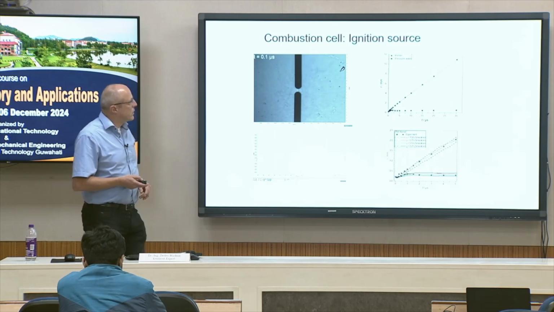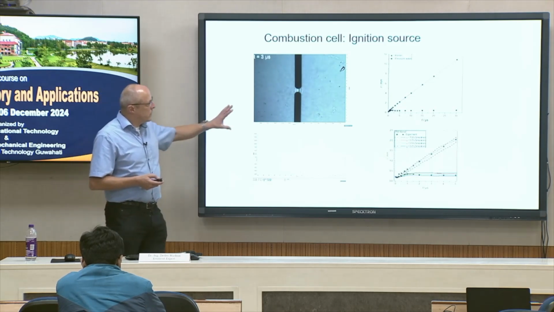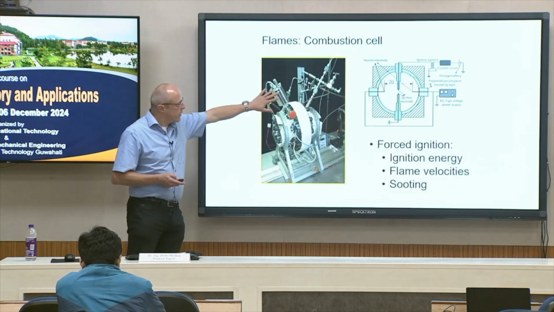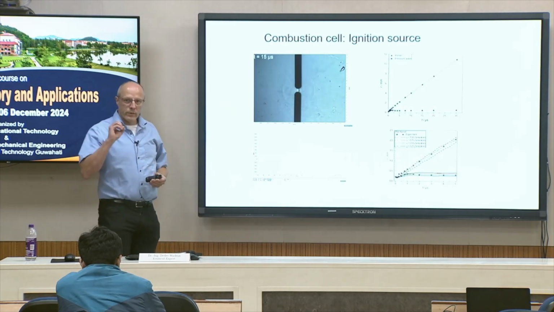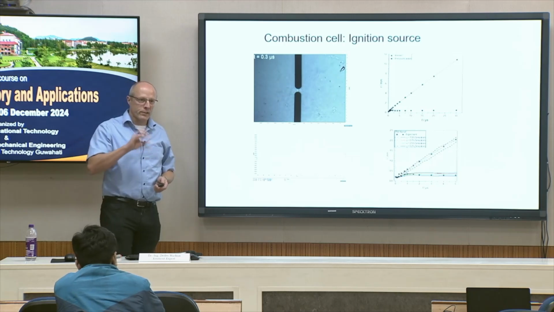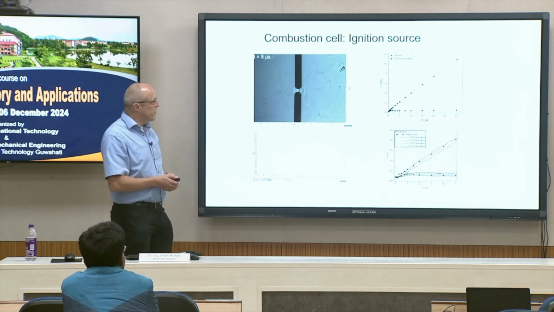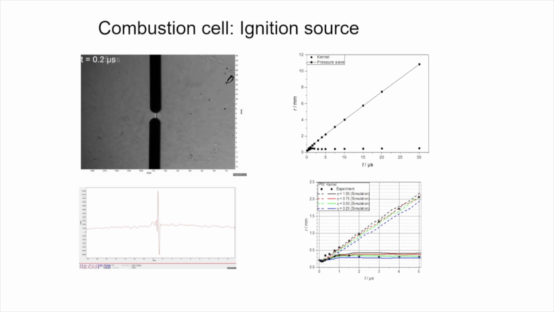So here an example. Here we initiate a spark. The spark heats up our initial regime very fast, and then, for example, at the beginning, a pressure wave leaves our initial system.